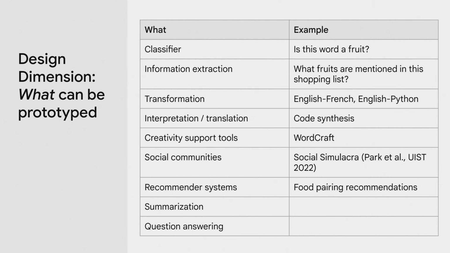There's interpretation, and you can see the boundaries here are not crisp, but these different lenses, I think, are useful to think through the different possibilities. There's creativity support tools that we talked about. There's some interesting work that folks may have seen coming out of Stanford where they're starting to use them to simulate social communities.